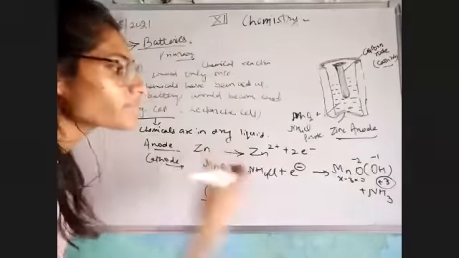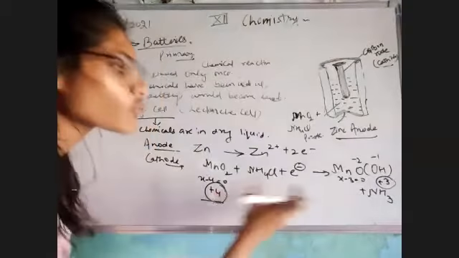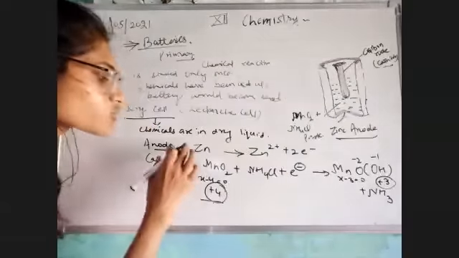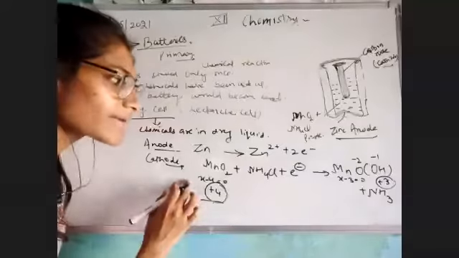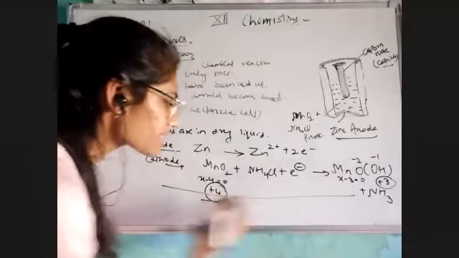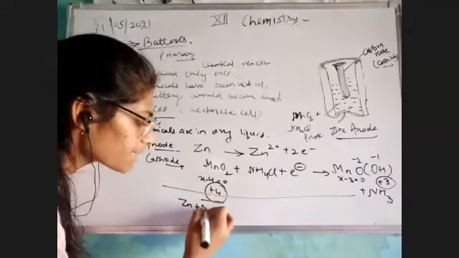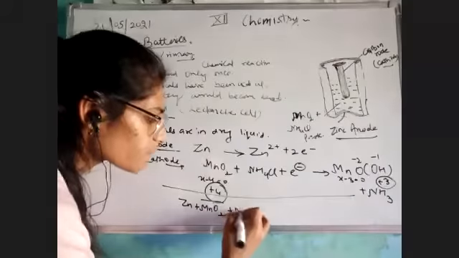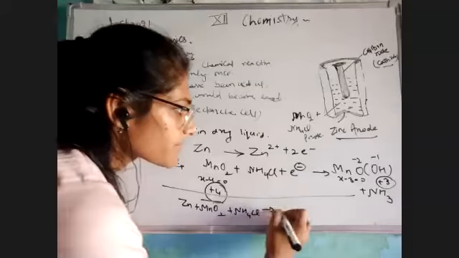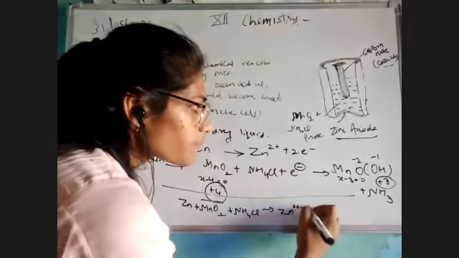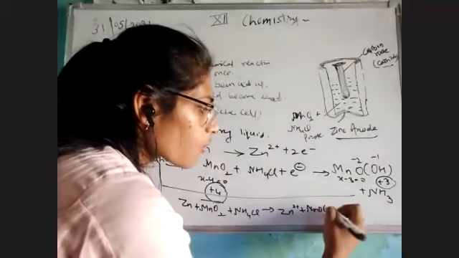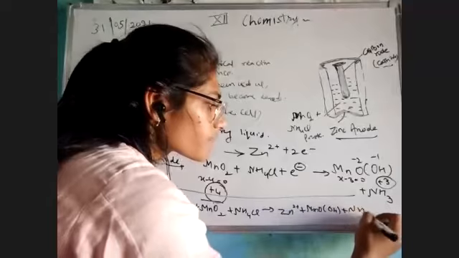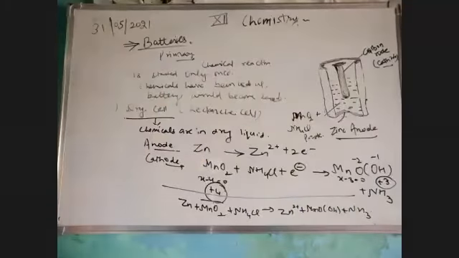This is the anode, which is releasing the electron. This is the cathode, which is accepting the electron. So the half reactions have taken place. We combine the complete reaction: zinc plus manganese oxide plus ammonium chloride becomes zinc 2+ plus MnOOH plus ammonia. This is known as the complete reaction.